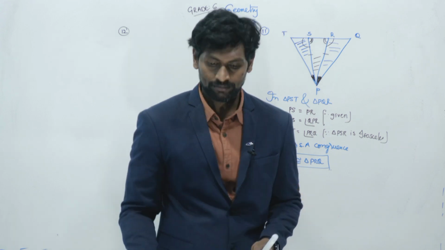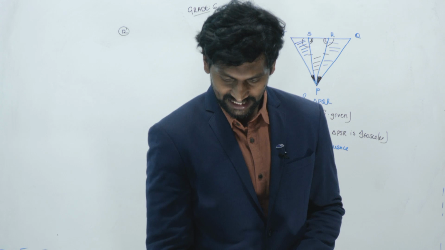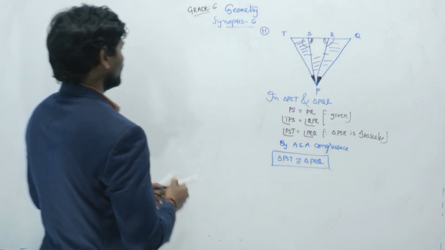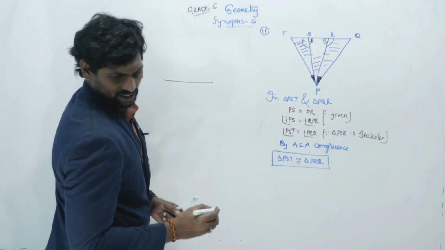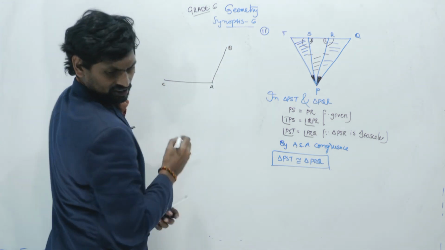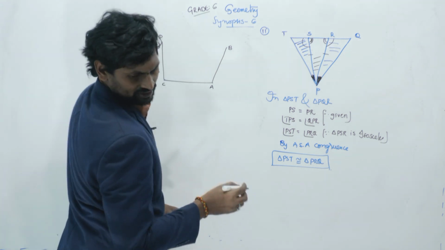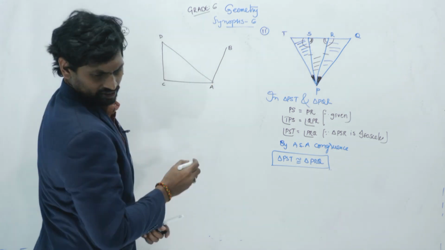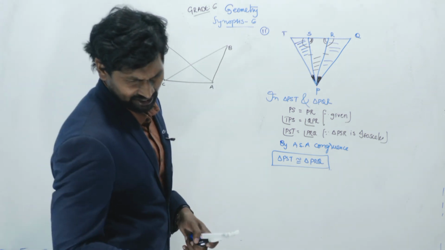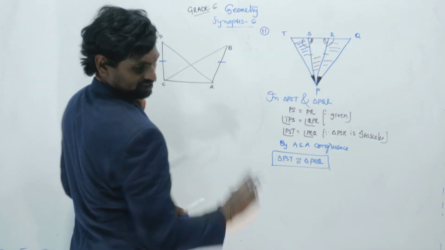The 12th problem is given that in the given figure AB equals CD. Let me draw the figure: CA is a straight line, A to B is one slant, and C to D. Next D to A is connected and also C to B is connected. From the question you observe that CD length and AB length are equal.